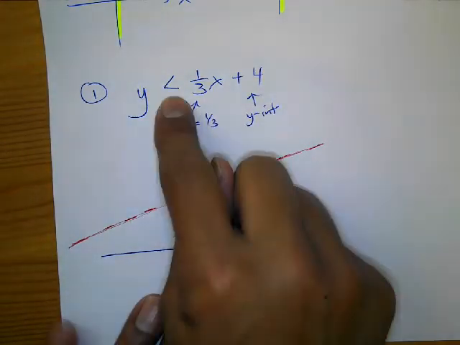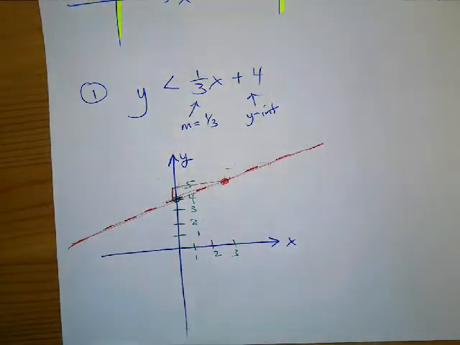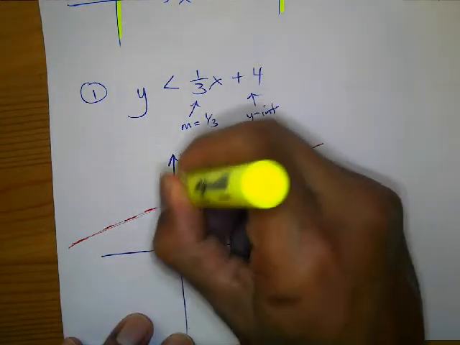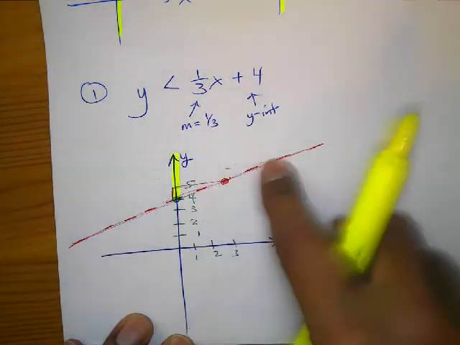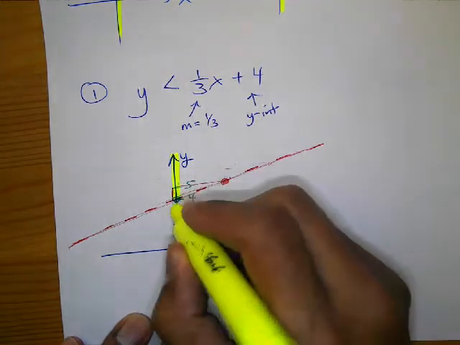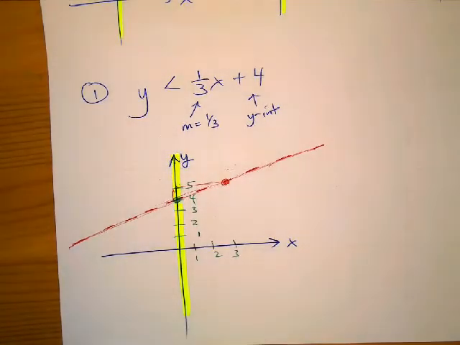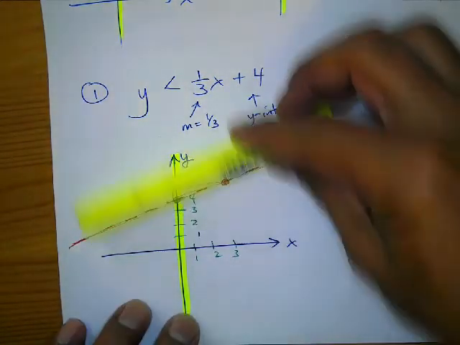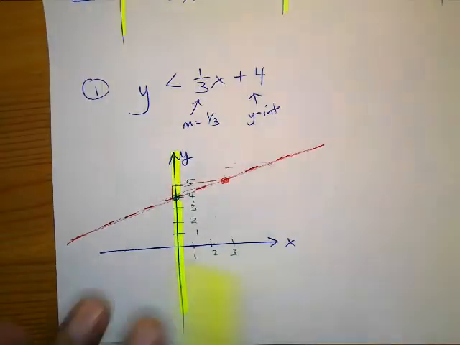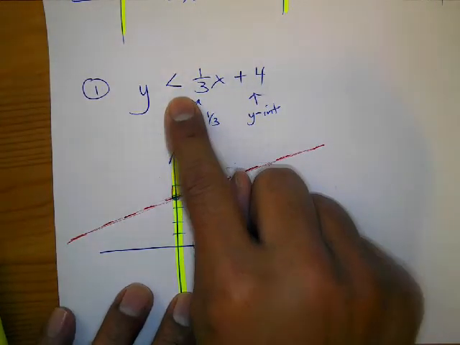Now, we have to look at this inequality with respect to the y-axis. Here's the y-axis. There's part of the y-axis above this line, and there's part of the y-axis below this line. Right? So I'm going to shade either the top or the bottom. Well, what does it say?